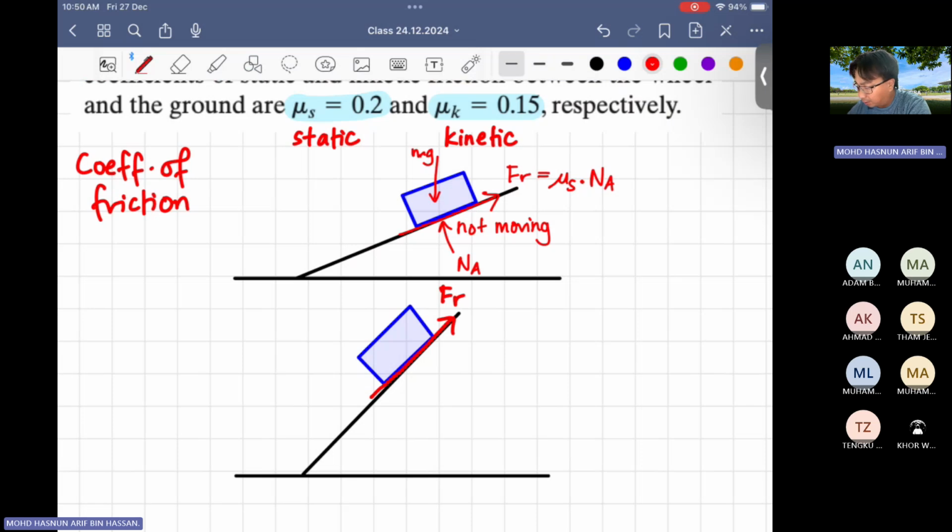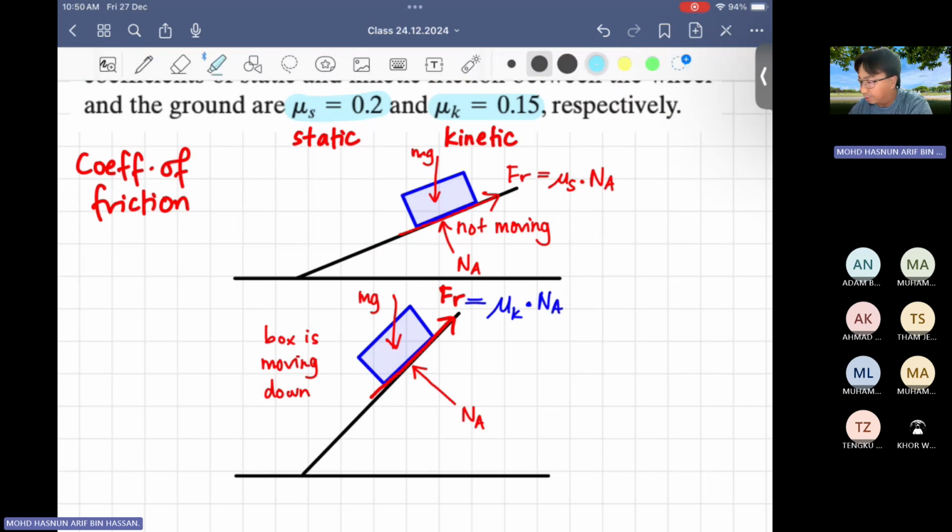Now let's say the box is moving down. You also have the weight mg and the normal force, the same forces. But now the friction here is mu k times N. This is the difference. Here mu s, here mu k.